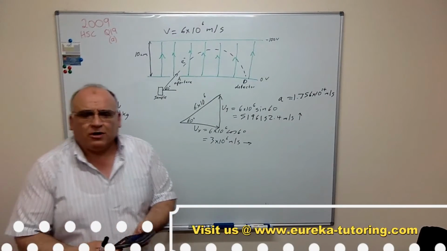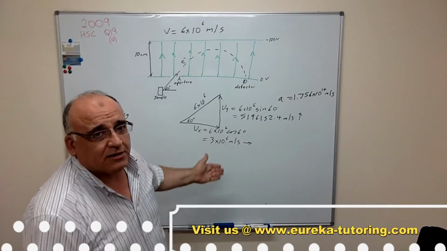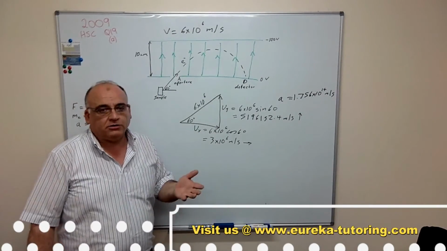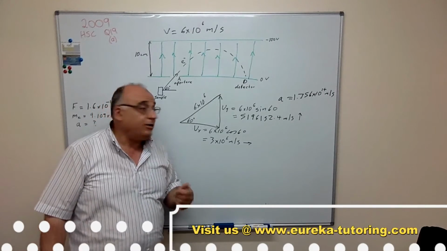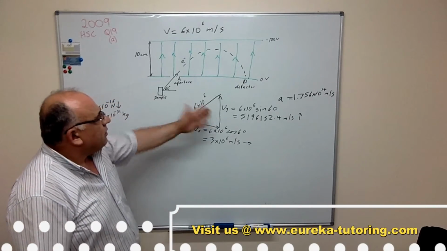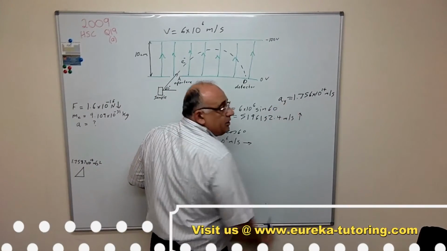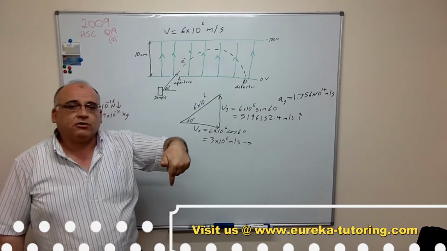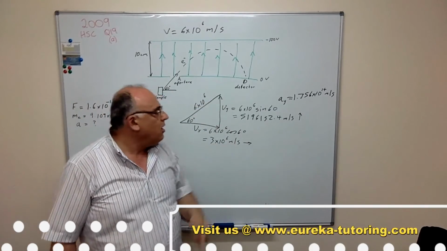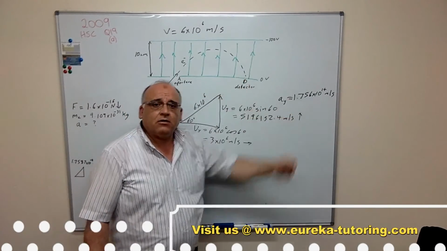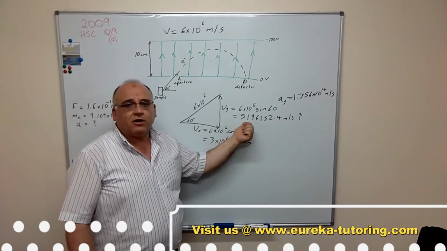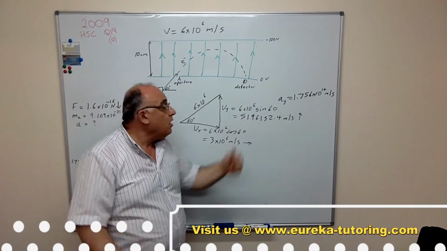It's important to show direction because we're talking about vectors here, and vectors have direction. So get in the habit of putting the direction. Now we've got our vertical and horizontal. We've got our acceleration in the vertical direction because the force is down, so the acceleration is down. So if the acceleration is down, then we have to use the velocity in the vertical direction.